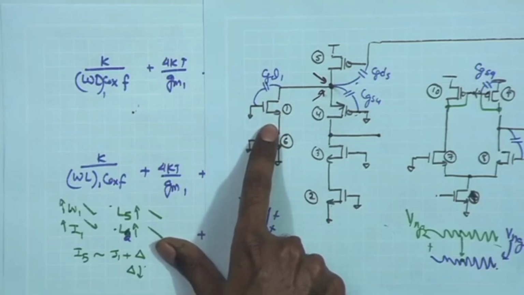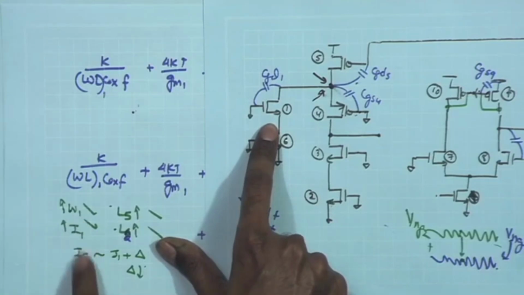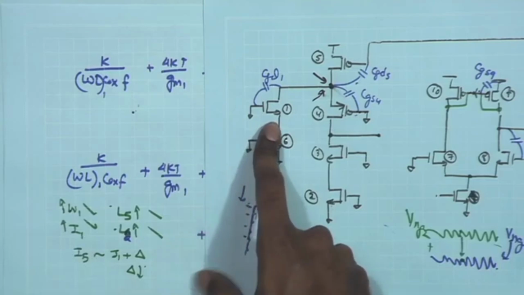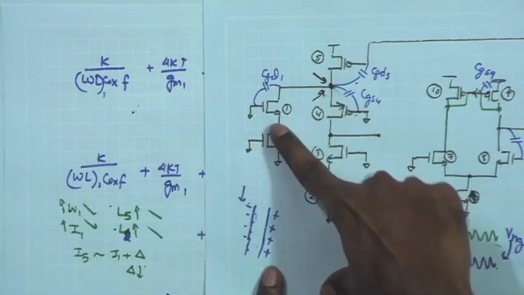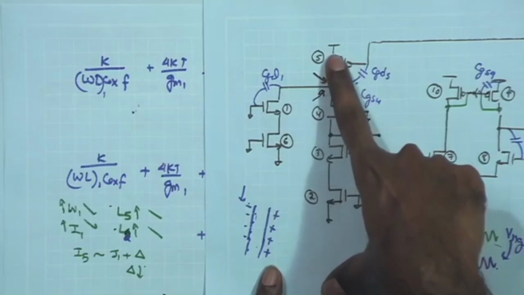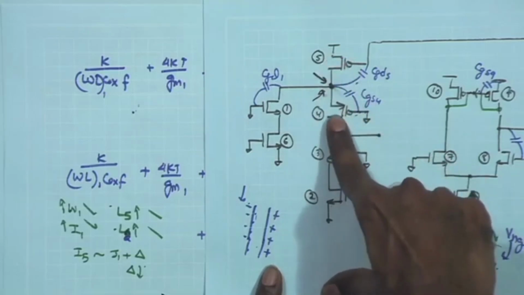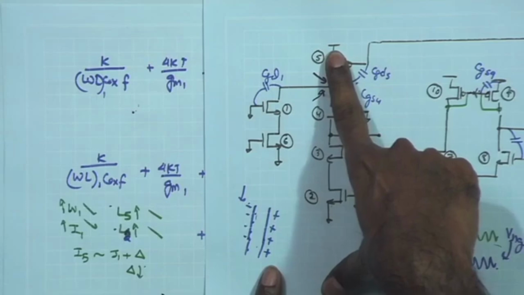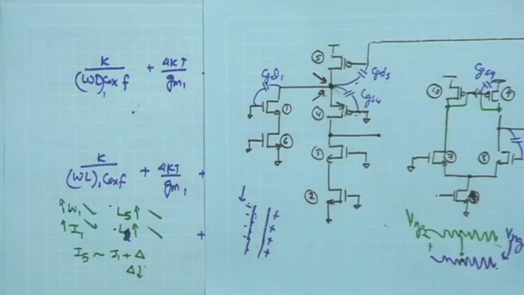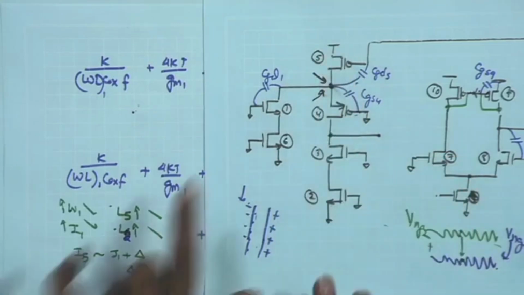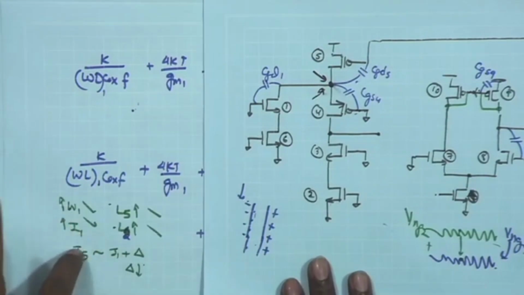It is also going to help us in reducing the overall input referred noise. Here, if you increase the current, of course, it also reduces the RO of M5, but that can be compensated if you have a significantly larger channel length for M5. So, at least for the noise, definitely I would like to bet on the I1.